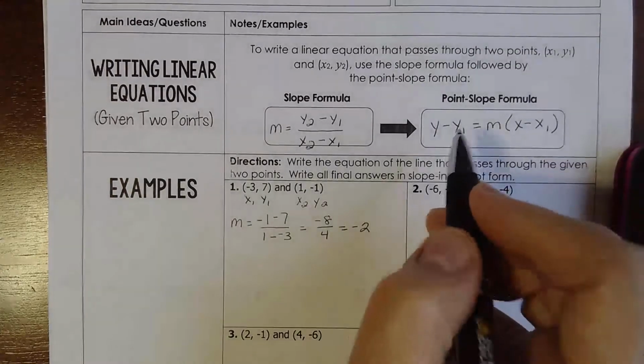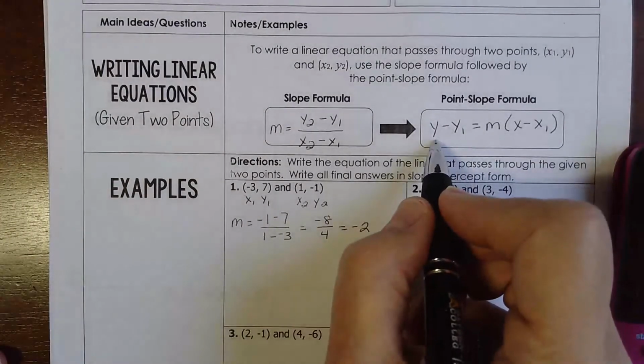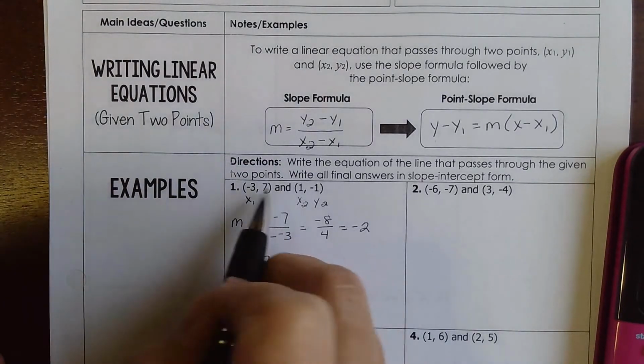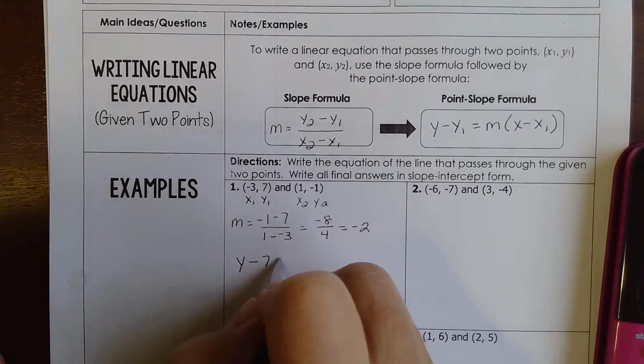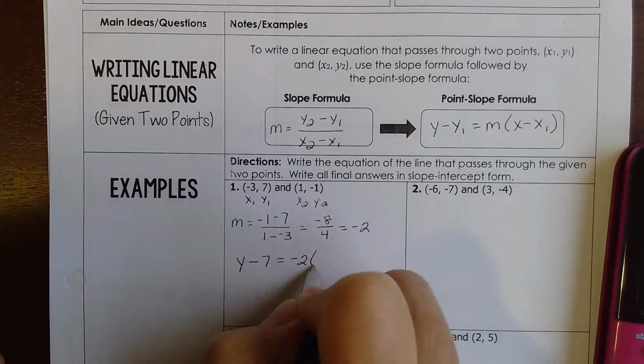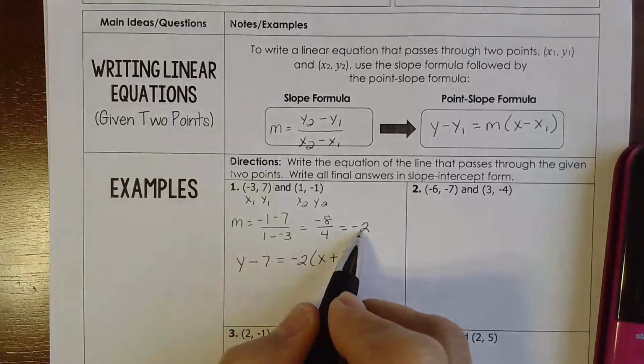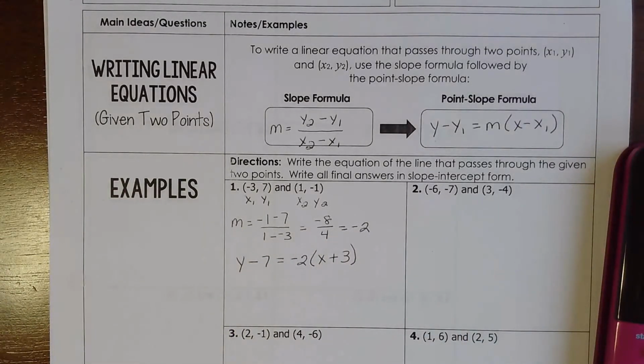So now we're going to put that into our point slope formula. So it's y minus 7, because we're using our y1, equals negative 2 times x minus 3. After you calculate your slope, you're doing exactly what we did yesterday. Nothing different after that.